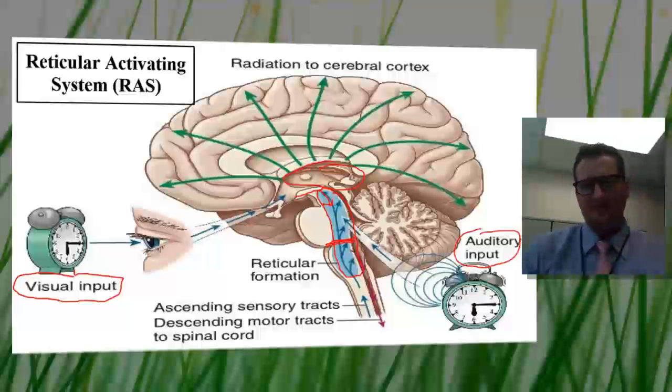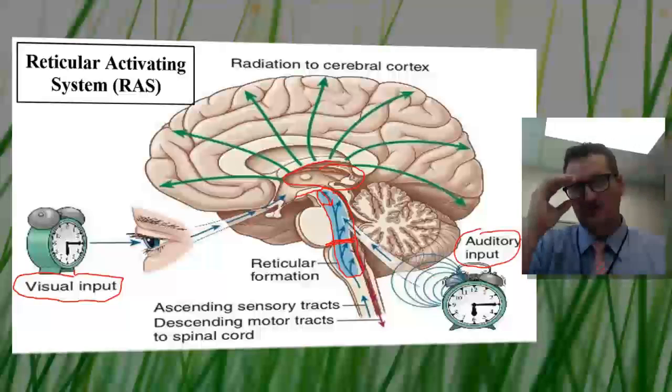This important structure receives signals from visual and auditory input, and it filters out insignificant signals such as routine noises, background noise, and it sends impulses to the cerebral cortex so the mind remains conscious and alert. Drugs called hypnotics depress the RAS and they induce sleep, and that's what general anesthesia does.